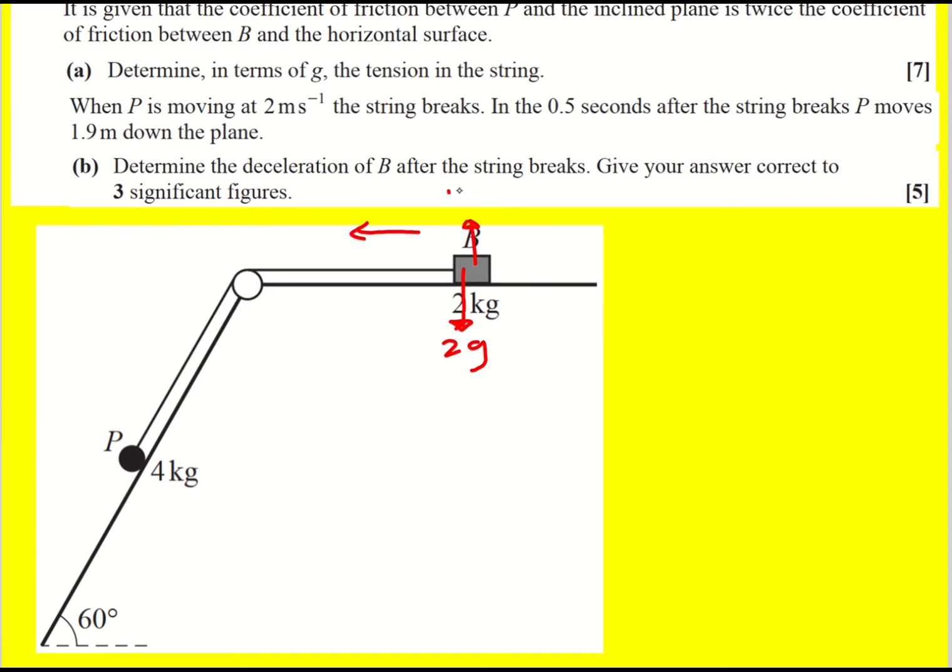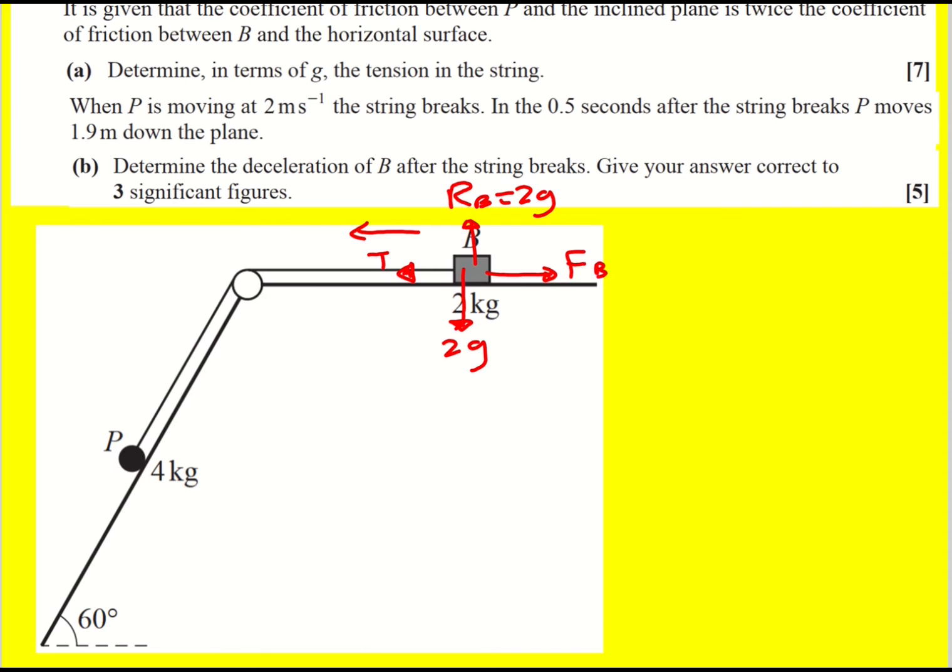And this normal reaction force, let me call it the normal reaction force of B. In fact, there are no other vertical forces, so I'm going to straight away say that that is 2g, the weight. There's going to be a tension because P is trying to pull B to the left, and it's going to experience that force through the tension from the string. And there's going to be a resistive force, which is acting to the right, which is our friction applied to B.